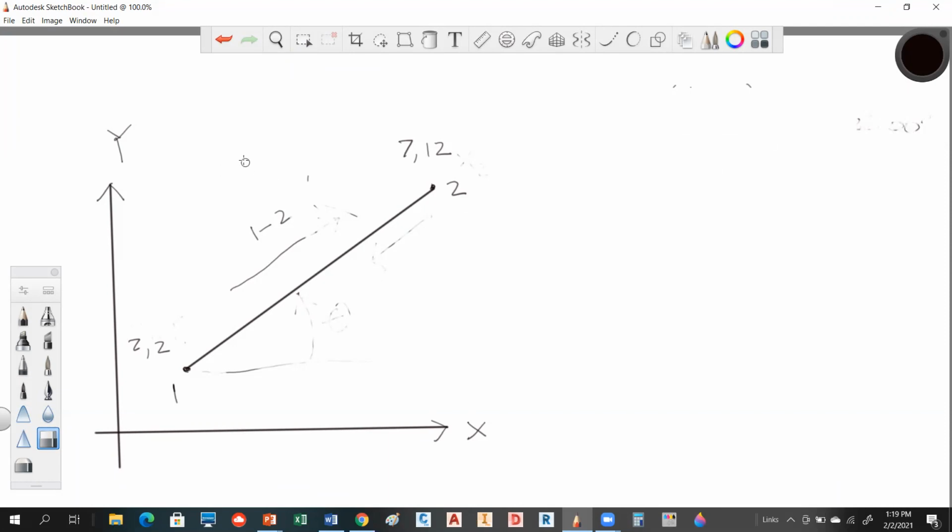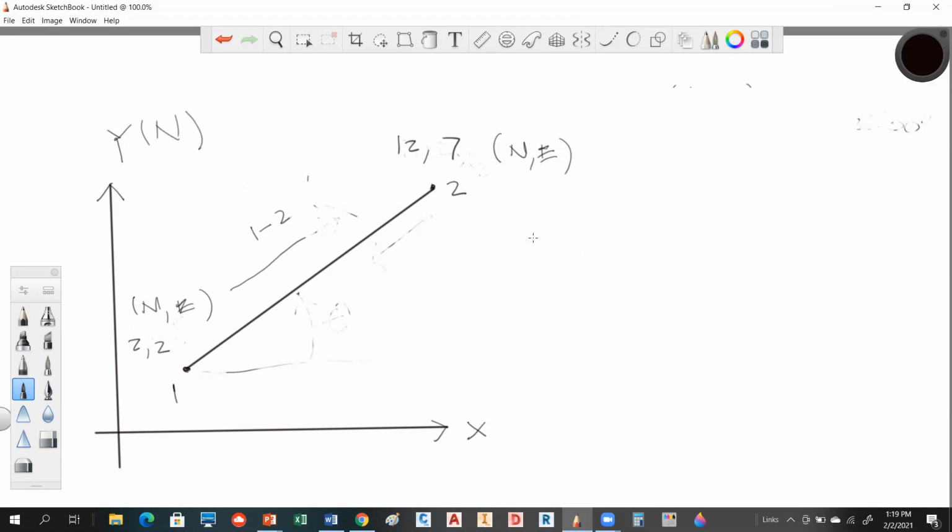So if this is actually surveying related, this would be 12, 7 in terms of northing, easting. And this is still in northing and eastings. The difference here is what we're going to get is the angle off of north.